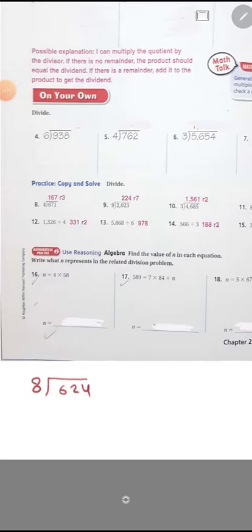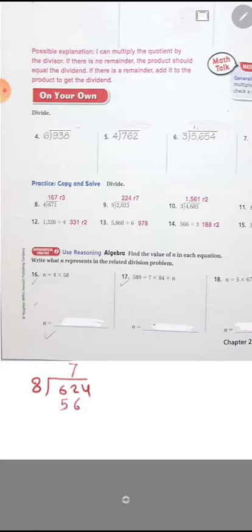62 divided by 8, which number will I multiply it by 8? It will be the closest number to 62. Okay, it will be 7 tens. Now 7 multiply 8 equals 56.